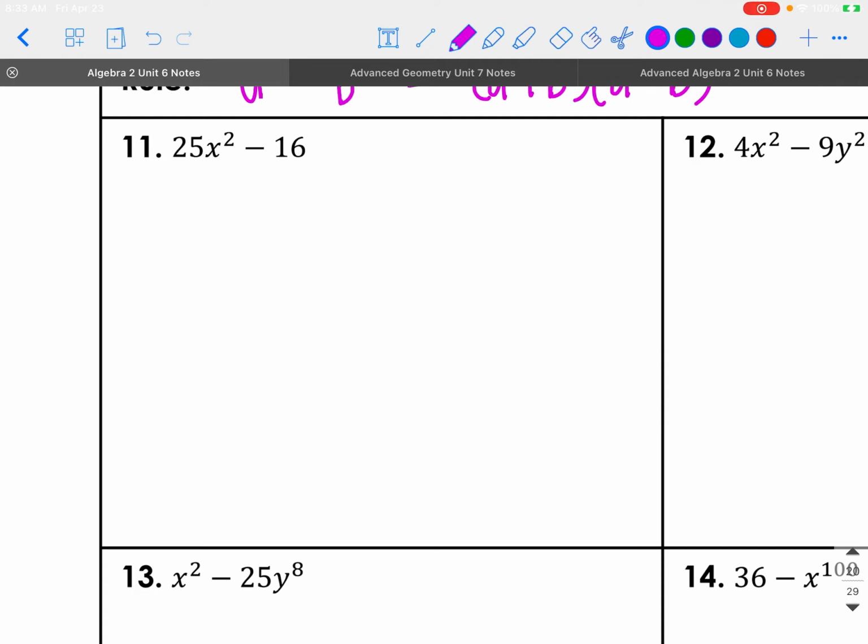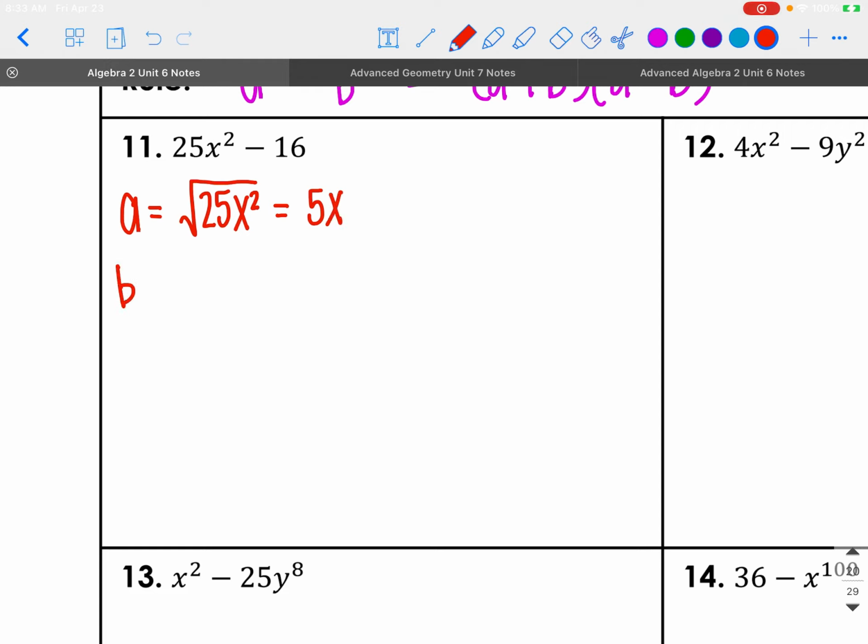Let's try number 11. Is there anything that those two parts have in common? There's not. Nothing they have in common. So we can just go straight to finding our A and B. If I take the square root of 25x squared, what is the square root of 25? 5.